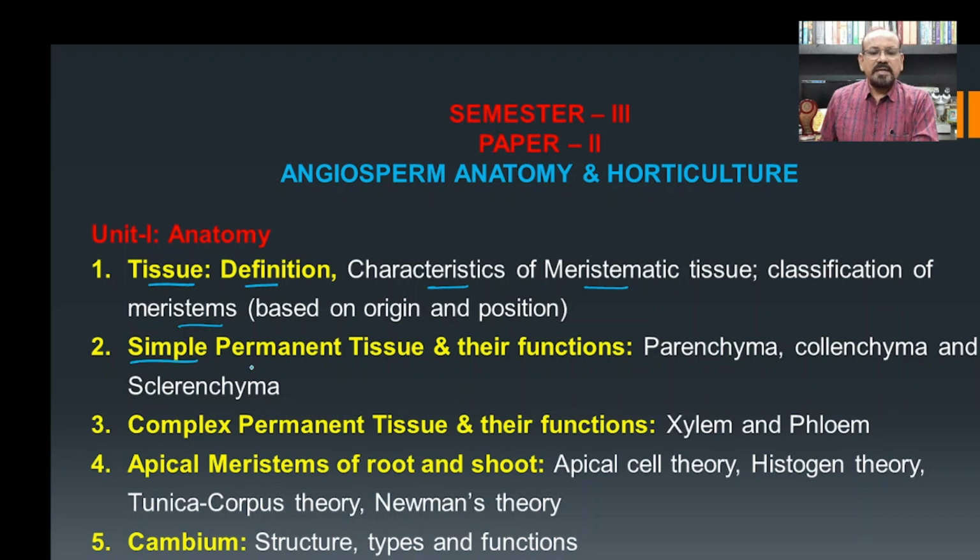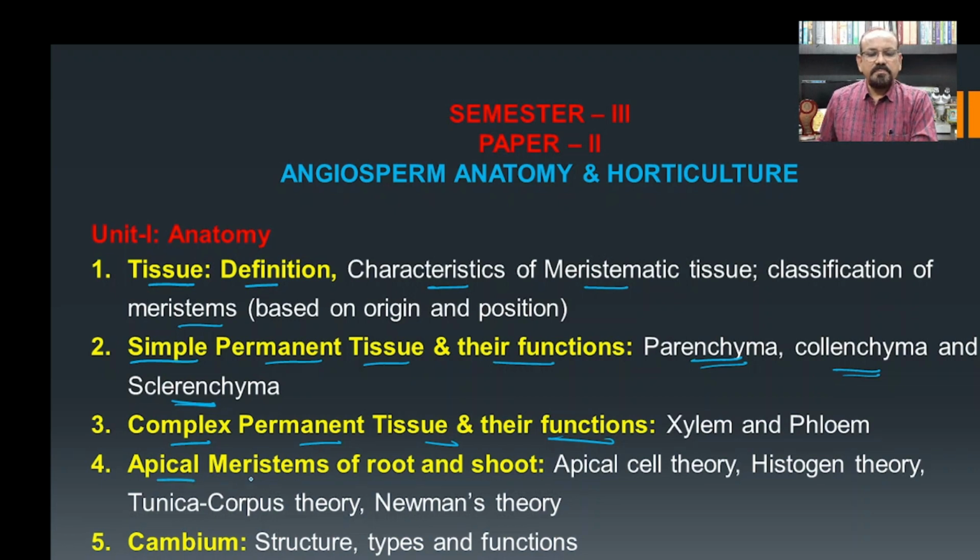The second topic is the simple permanent tissue and their functions, which includes parenchyma, collenchyma and sclerenchyma. The complex permanent tissue and their functions includes the xylem and the phloem.